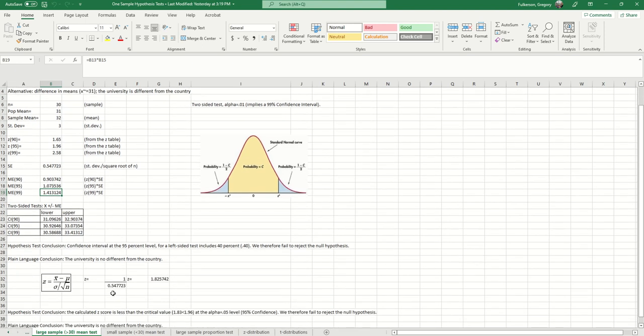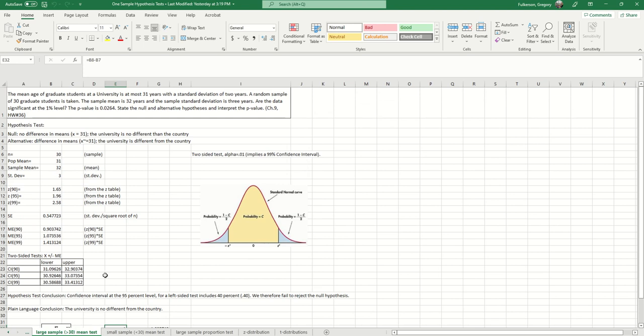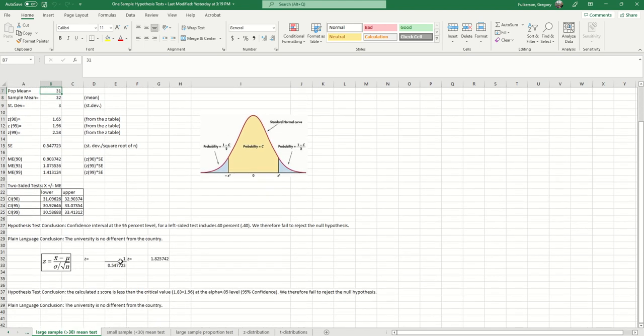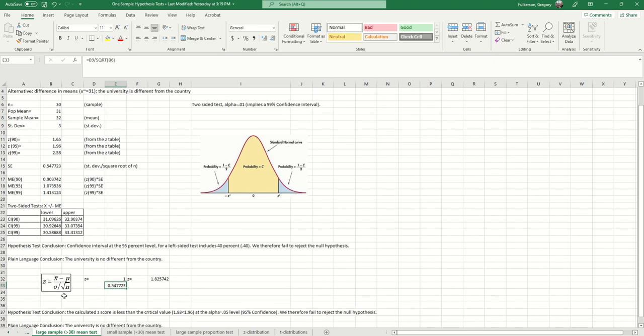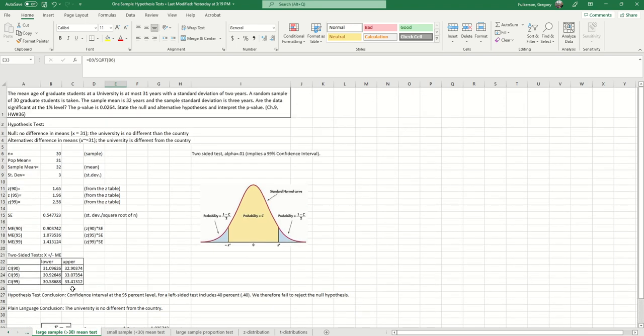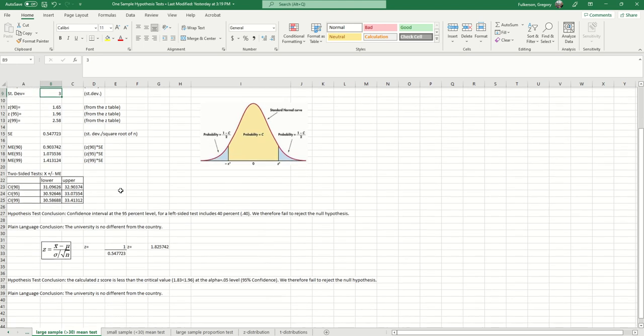So we have the sample mean minus the overall population mean for the university. So it's going to be 32 minus 31, right? So B8 minus B7 is what we have in the numerator. And in the denominator, we have the standard deviation divided by the square root of the sample size. So 30 was the sample size, and the standard deviation is 3.